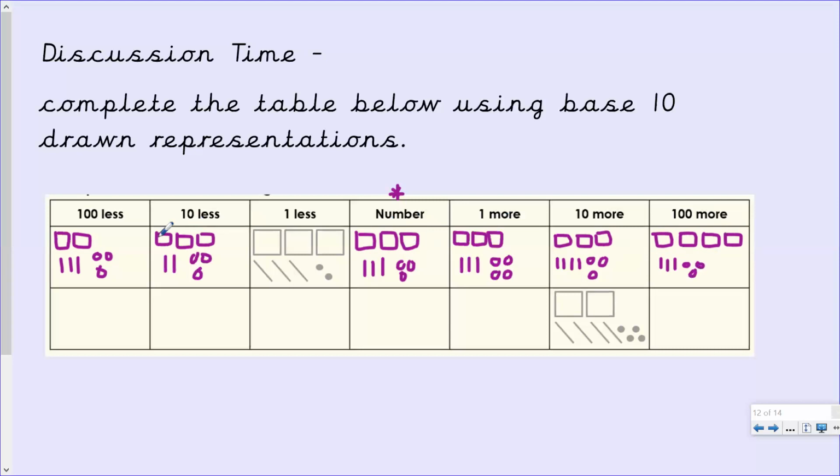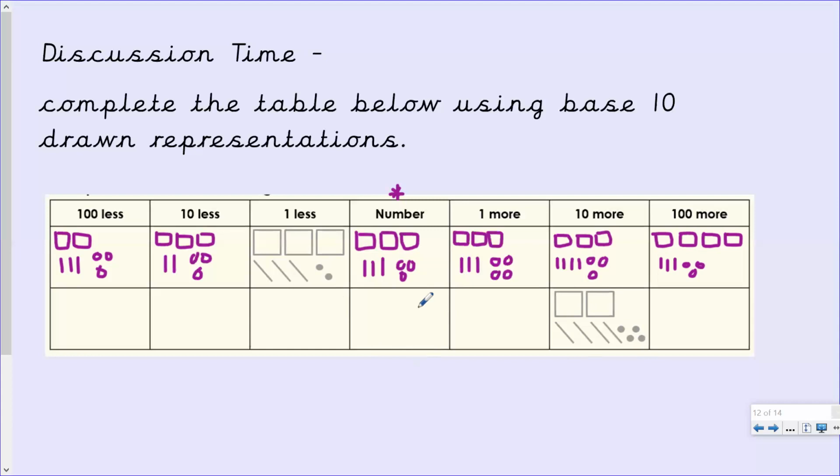Now that we've done one of them together, can you have a go at figuring out what our number is? We have been given 10 more of the number. So if this number represents 10 more of my given number, what would my number be?